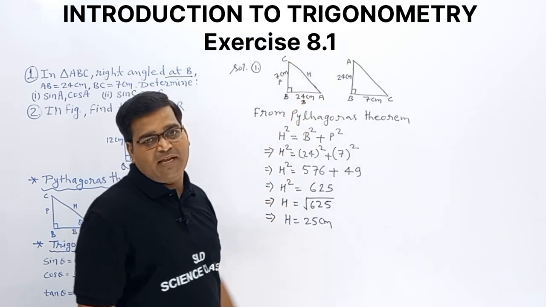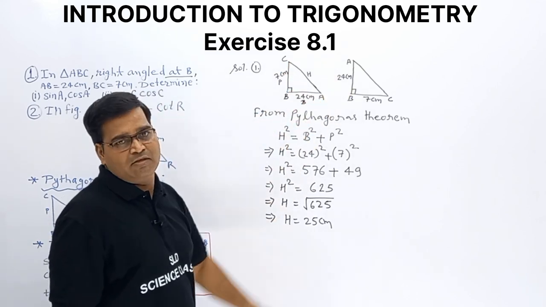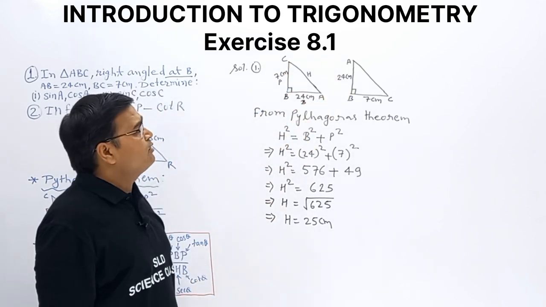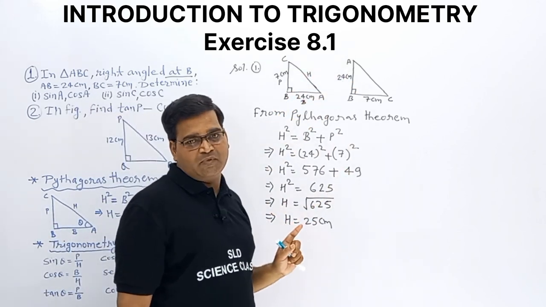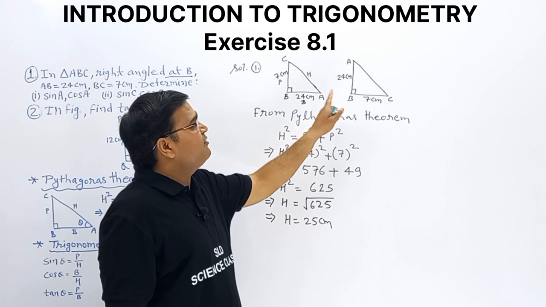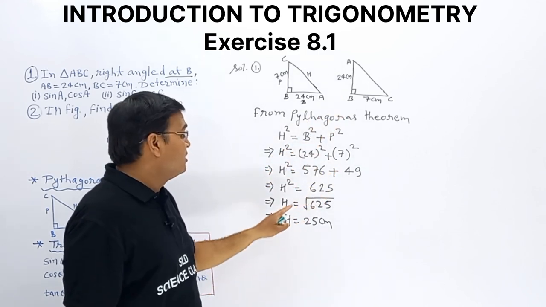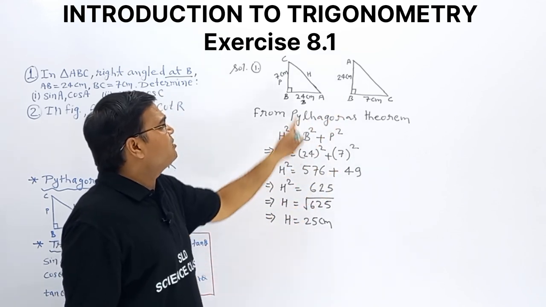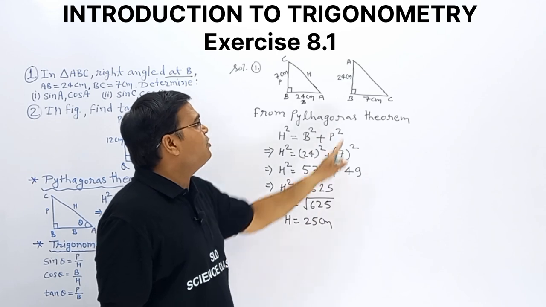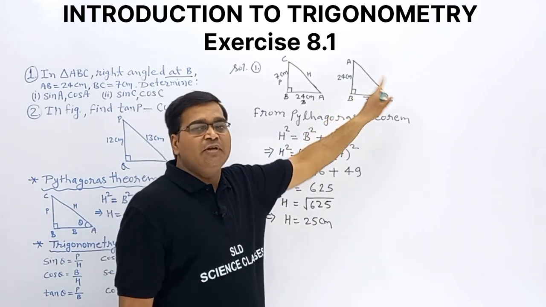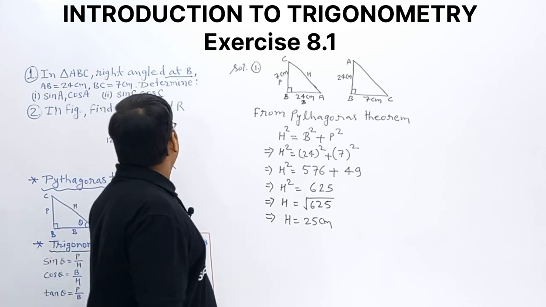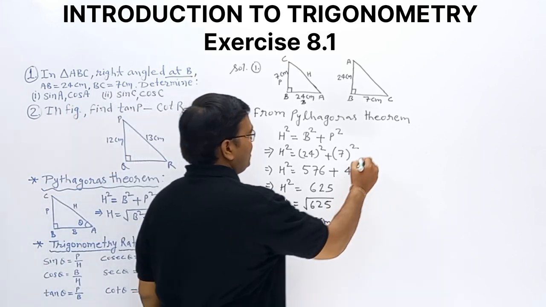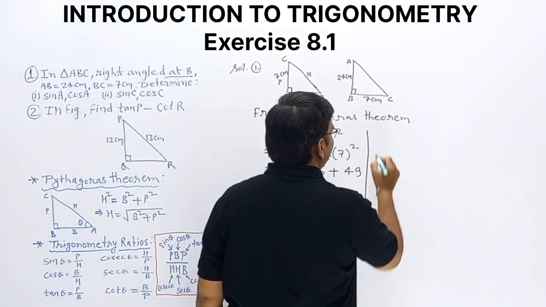Then we are getting diagrams like this. In both cases, the hypotenuse is 25. This one is also having 25 hypotenuse. Clear? Now what we want? Now I am taking the first question. Its first one is what?